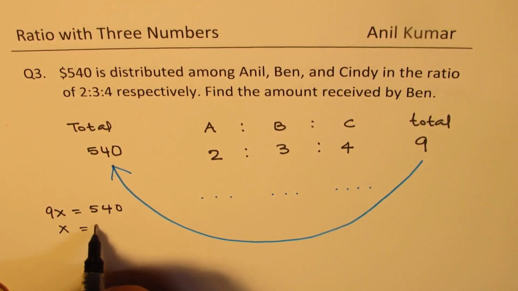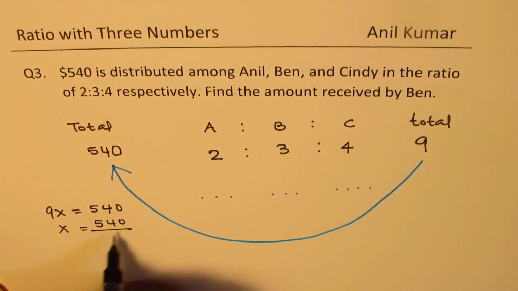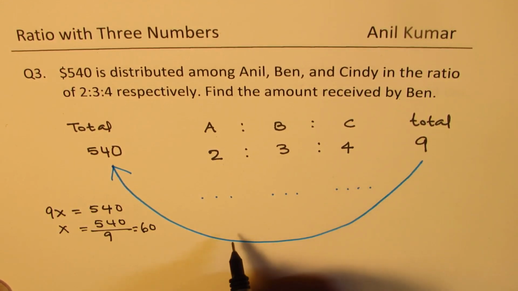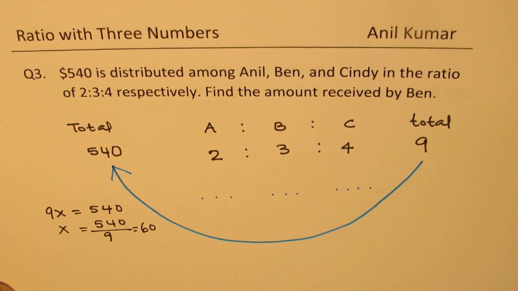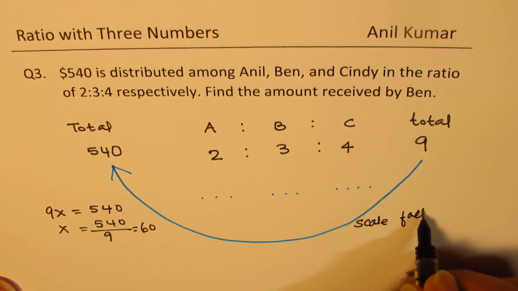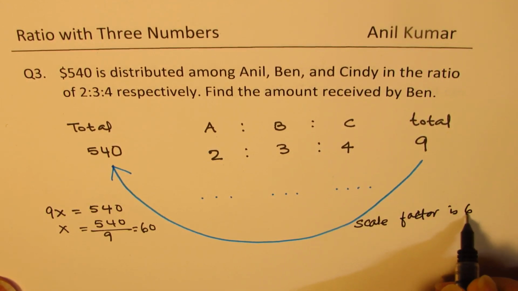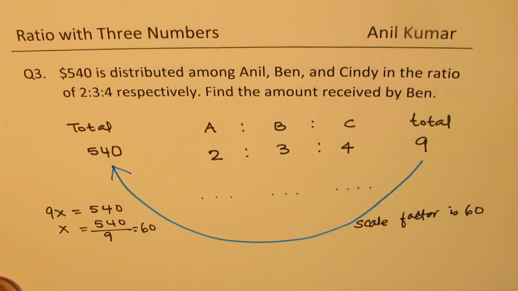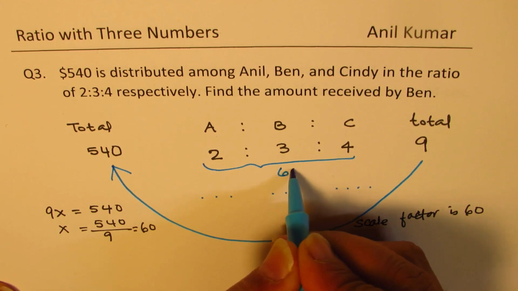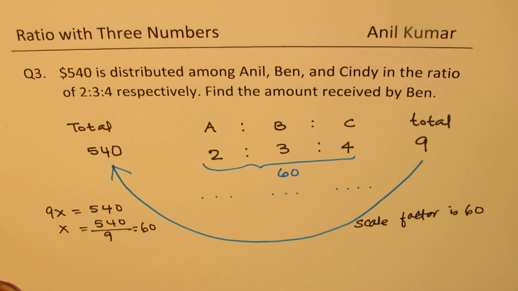This value x is 540 divided by 9, which is 60. So in this fashion, this value x is 60, right? So the scale factor here is 60. So that means if I multiply each one of them by 60, I'll get these amounts.